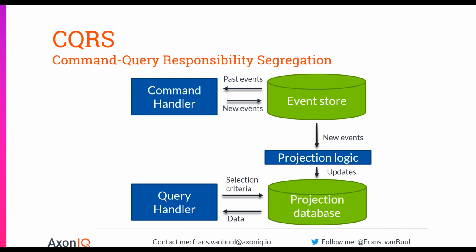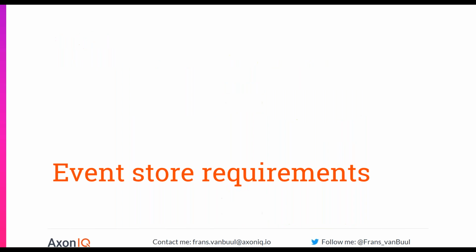But executing queries is not done directly on the event store, but instead we have some separate projection databases there, which may be in all kinds of technologies. And there is some projection logic that reads events from the event store, and then as a result of that makes updates to the projection databases. I'm telling you this because it's relevant in understanding what kind of requirements you would have for an event store. So let's have a look at that.